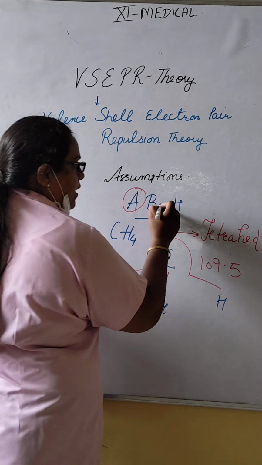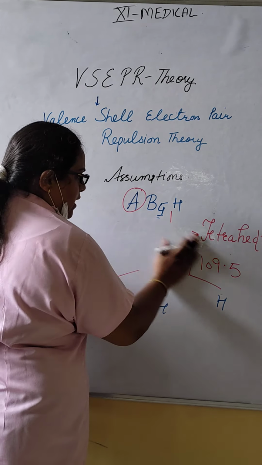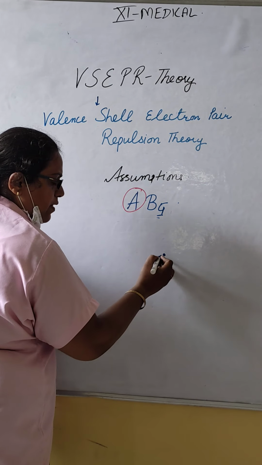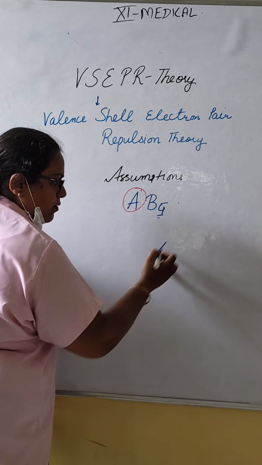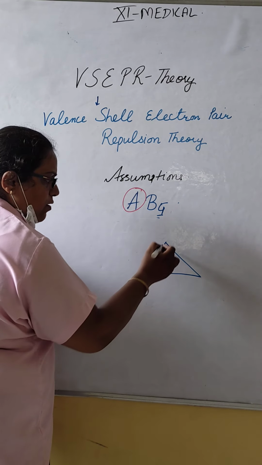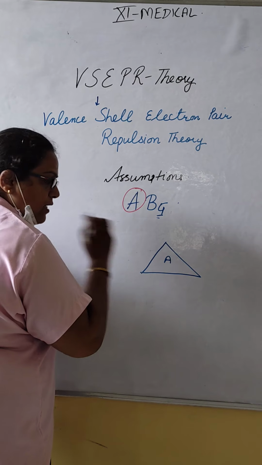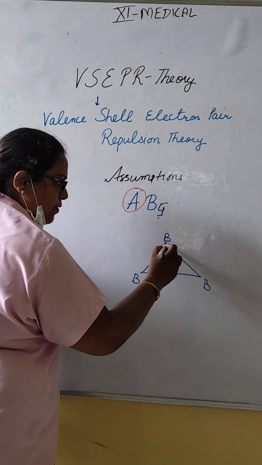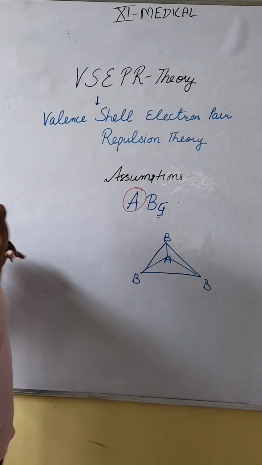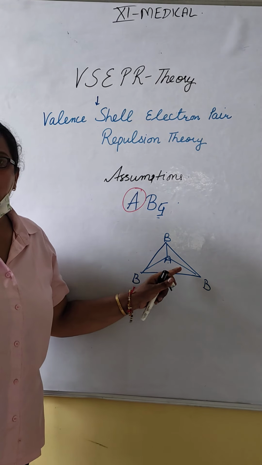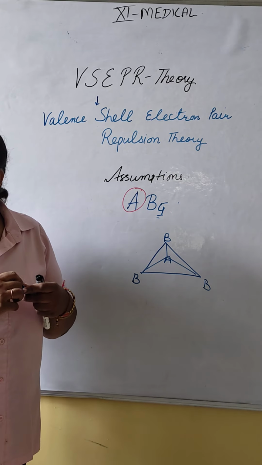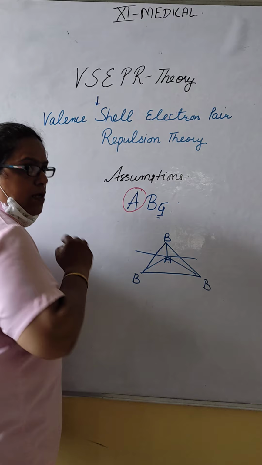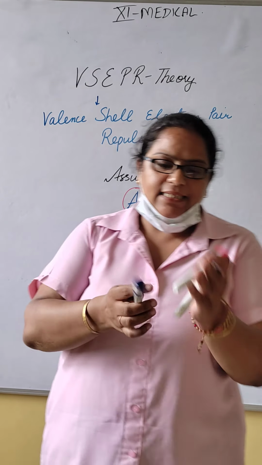Now we have AB5. What is the central atom? A. Suppose A is the central atom, with B around it. Now 3 positions are occupied out of 5, and we are left with 2. So let us see, this is your triangle.